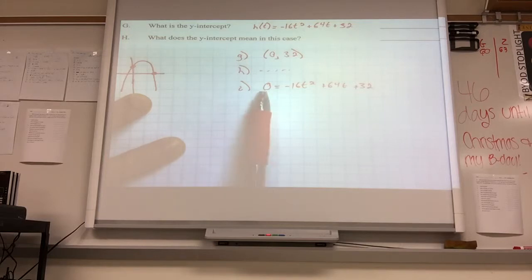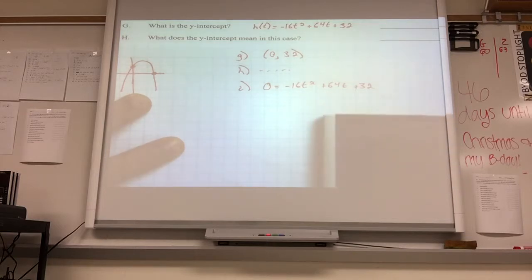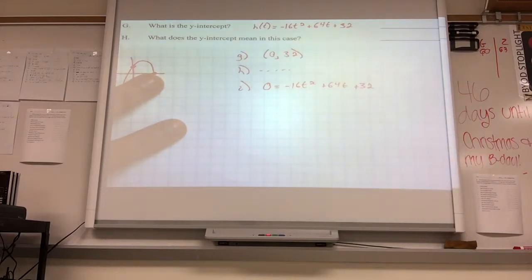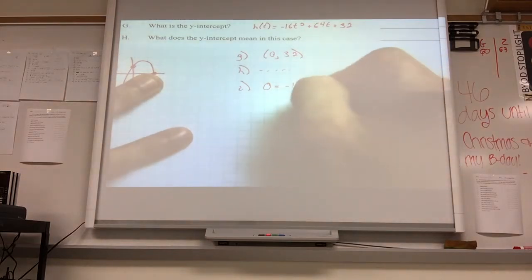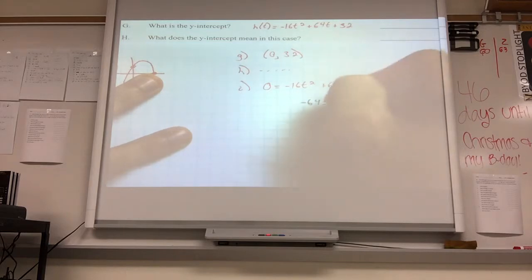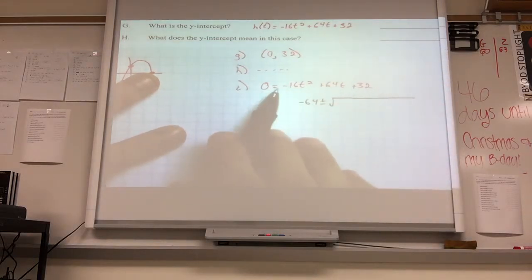All right, so solving this, you can attempt to factor it, but you're going to find that you can't factor that. At least it's not going to be an easy one to factor. So I'm going to start off using the quadratic formula. I'll write it out first. Negative b plus or minus the square root, and again, if you're ever going to use the quadratic formula, just set it equal to 0.